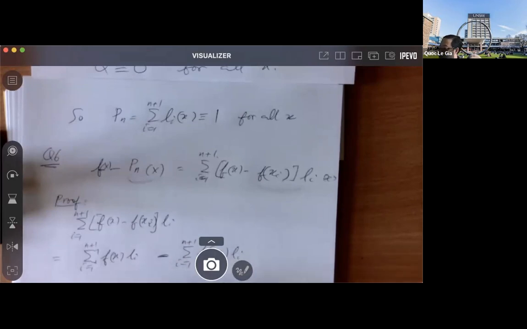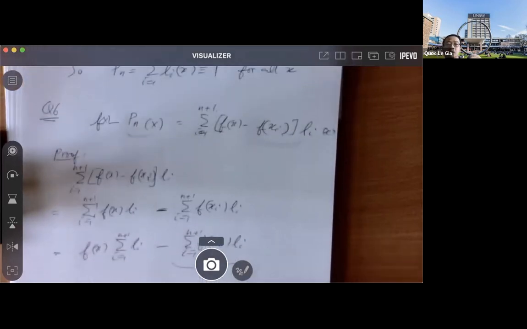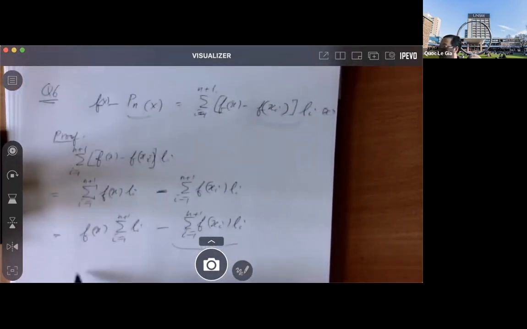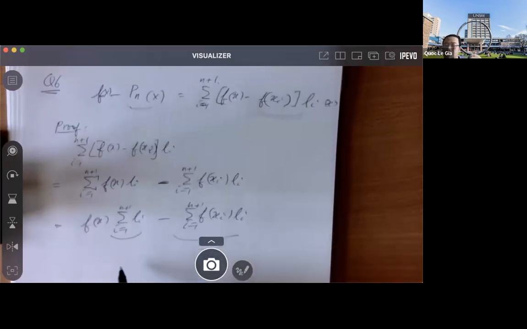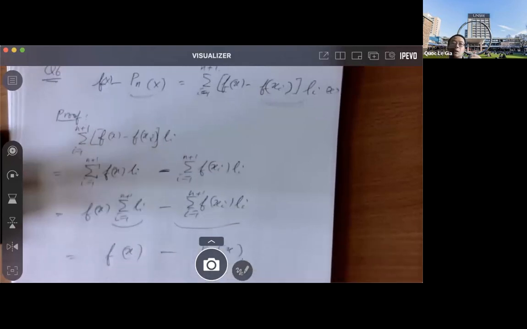Take f of x out, because it doesn't depend on i. So you get f of x times the sum of Li, i from 1 to n plus 1, minus the sum of f of xi Li. By definition, the second one is just Pn, and the first we proved equals 1. So then you just have f of x. That's it. This is a simple application of the previous question.